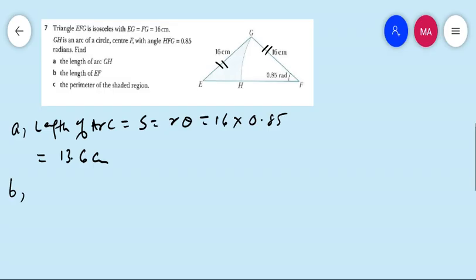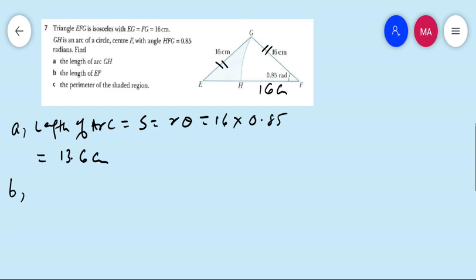Part B. The length of EF. It's very easy. If GF is 16 centimeter, then HF is also 16 centimeter because it is a radius and all radii are equal in length.